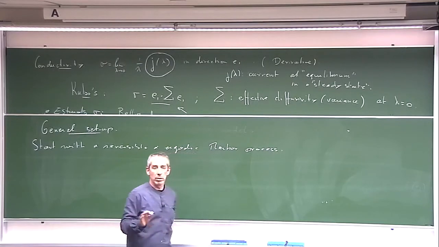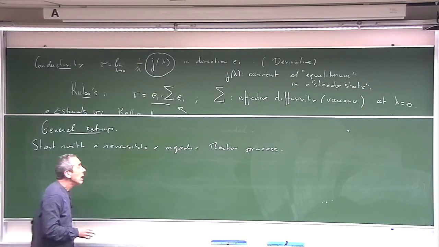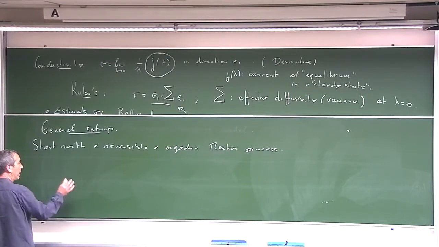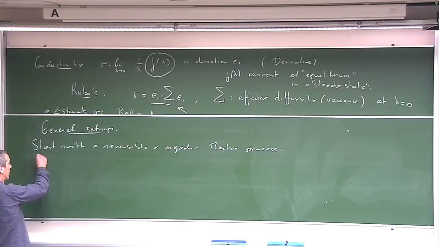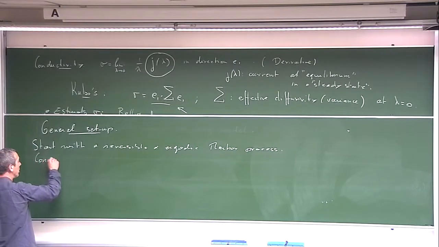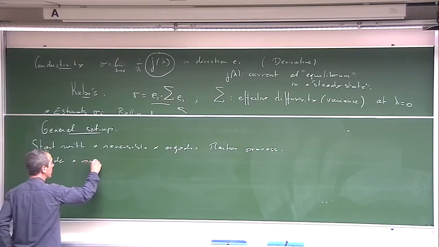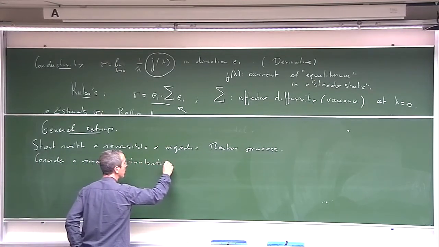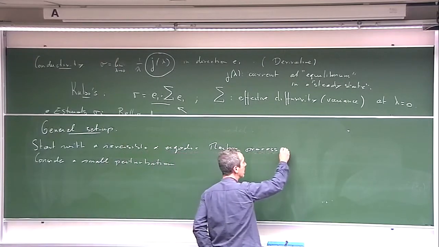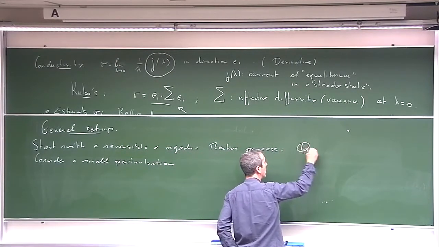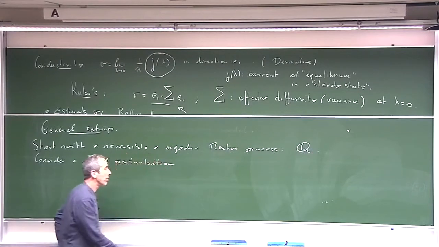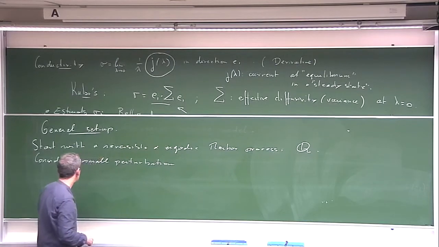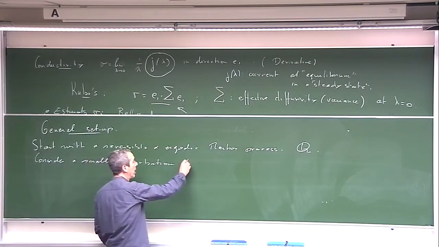Certainly you have to assume a little bit of smoothness, but okay, I'm going to be quite loose. And then you consider a small perturbation. That Markov process will have an invariant probability measure, an invariant and ergodic probability measure, which I still denote by Q. And then you will consider a small perturbation with some parameter lambda.